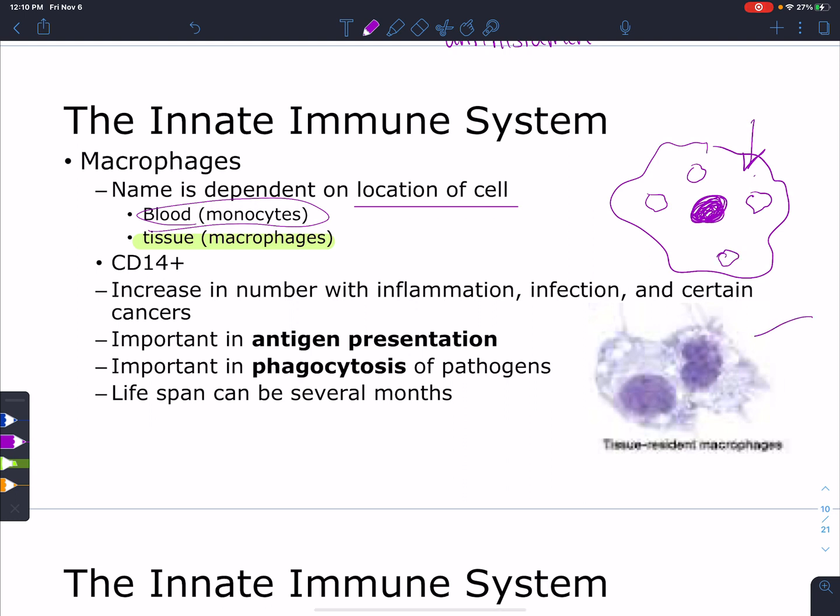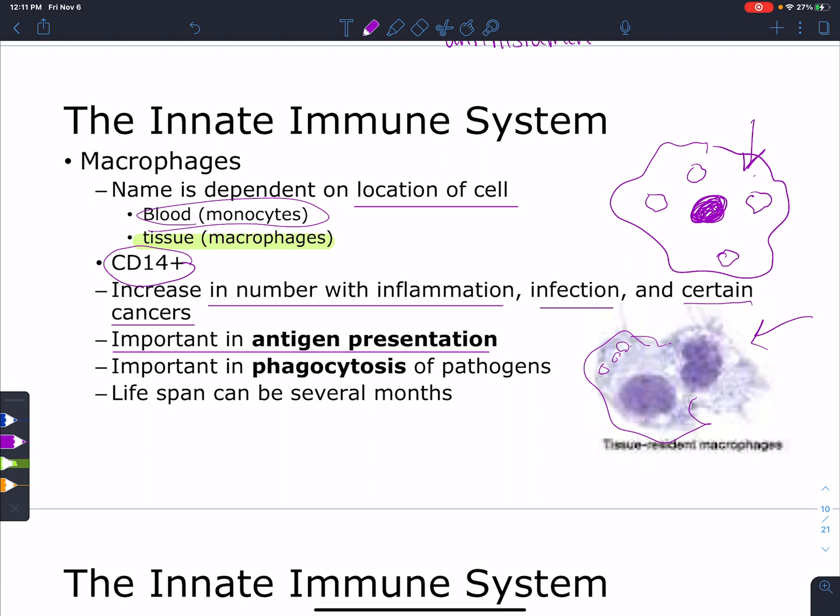You can see in this picture down here, it's trying to depict that. You can see the vacuoles. It does appear to be a little larger. And again, there's that CD14. We see an increase in number with inflammation, infection, and certain cancers. Not a lot of them. They present those antigens.